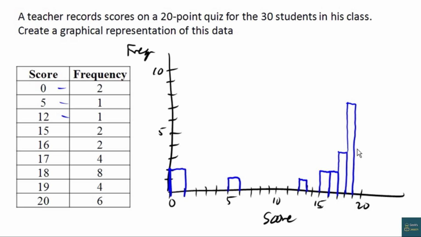And notice that because we start at the value that's on the left, our score of 20 here with a height of 6 is actually going to start at 20 and go up to 21, even though we don't actually have any scores at 21, because this bar includes values starting at 20. And this is our corresponding histogram. Notice that we get a better idea of the overall layout of the data from this than we did from the bar graph.